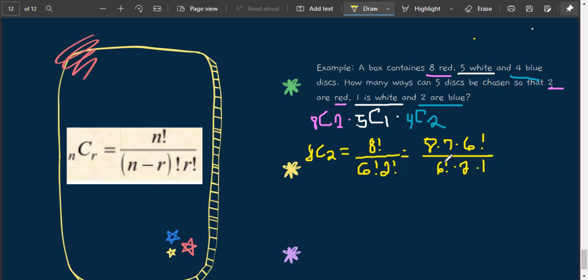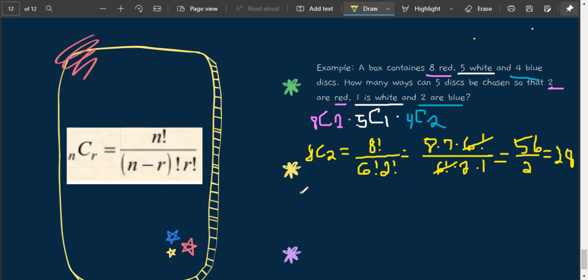In-expand na natin yung 2 factorial class. So, cancel, cancel. What is 8 times 7? That is 56, right? Over 2. What is 56 divided by 2? Okay, correct. That is equal to 28. So, meron na tayong nakuha sa 8C2.